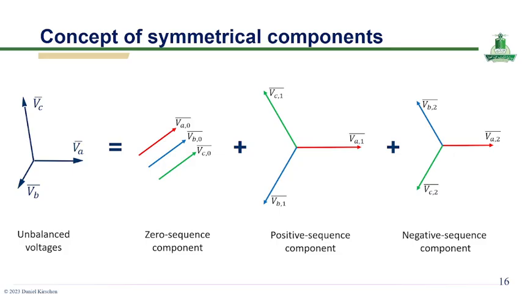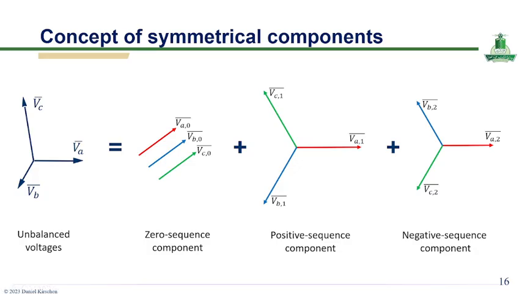First we have the zero sequence component, in which all three phase voltages are equal in magnitude and in phase with each other. The second is the positive sequence component, which represents a perfectly balanced system with a normal phase order ABC.